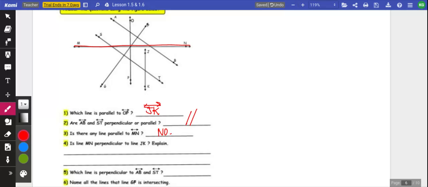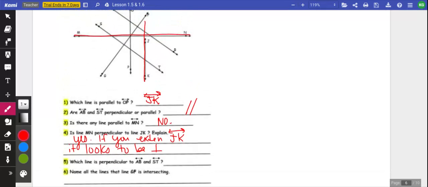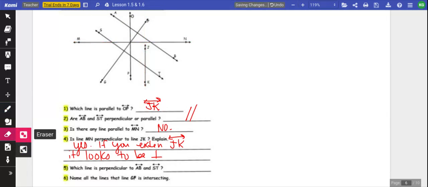Is MN perpendicular to JK? I would say yes. If you extend JK, it looks to be perpendicular. Which line is perpendicular to AB and ST?